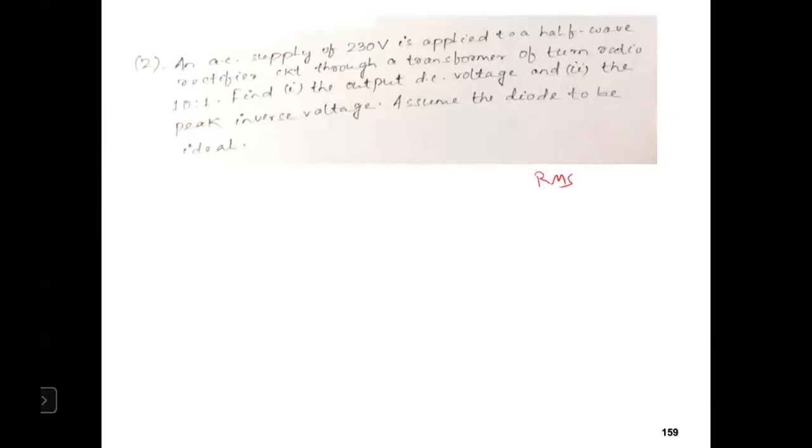Because this will always be required, RMS, average. Sometimes if you are doing it in an exam, it is better to make this table in rough so that every time you can just refer to it, half wave and full wave.